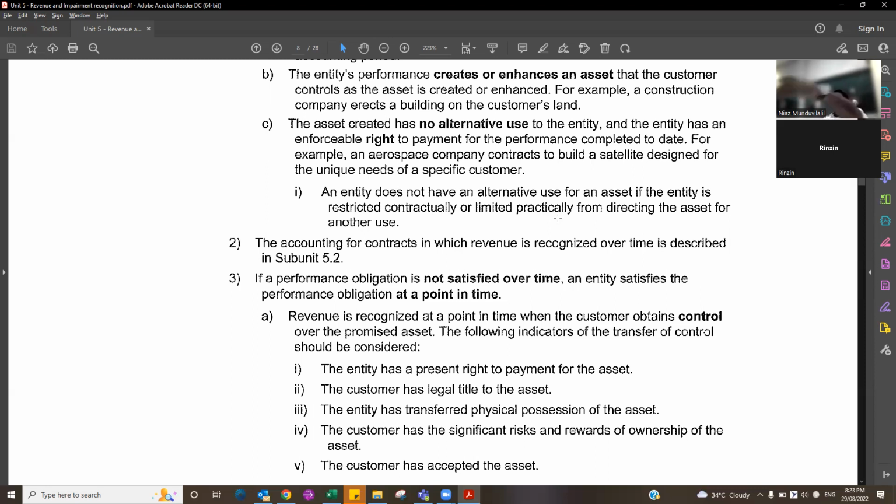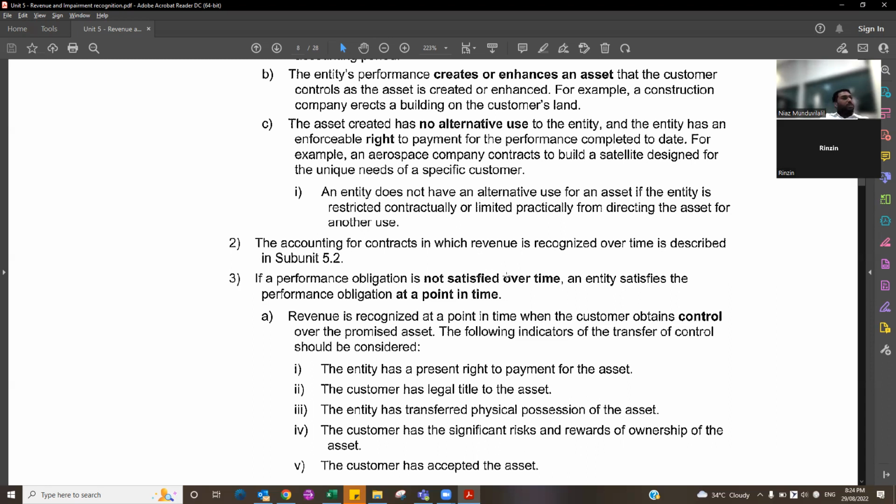I might ask you to construct a defense aircraft on my architecture. I give you the drawing. On that basis, you are preparing. So you can't sell this to anyone else because the patent is in my name. So whatever you have constructed, I have to pay you. Clear? Accounting for contracts in which revenue is recognized over time is described later on.